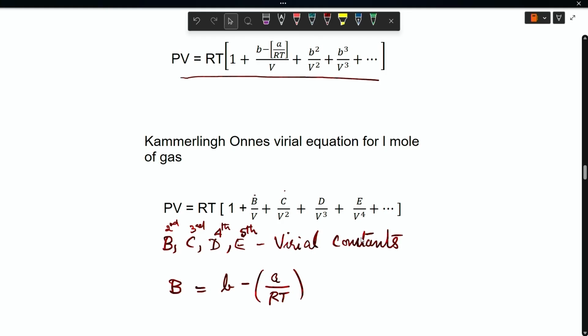So, comparing the coefficients, I can put it as B is equal to b minus a by RT.